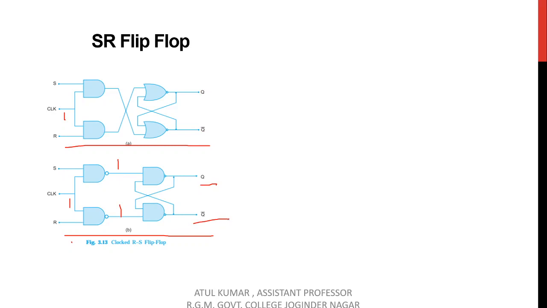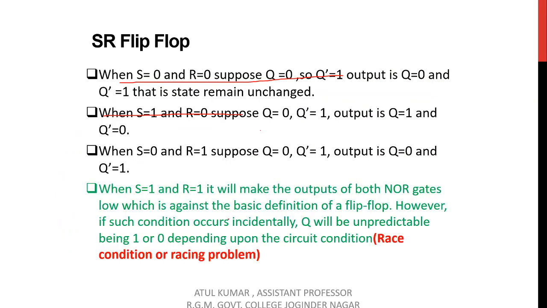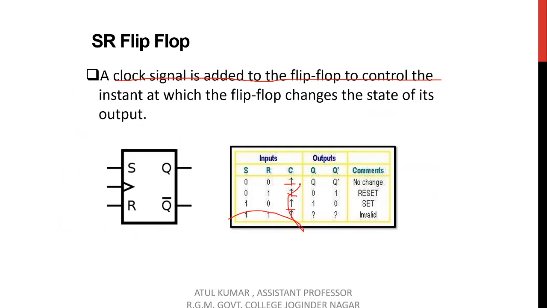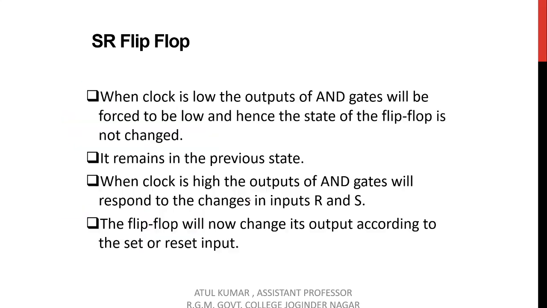The truth table is the same as this. When the clock is on and both inputs S and R are 0, there is no change. When S is 0 and R is 1, there is a reset condition. When S is 1 and R is 0, there is a set state. When S is 1 and R is 1, this is called an invalid state.